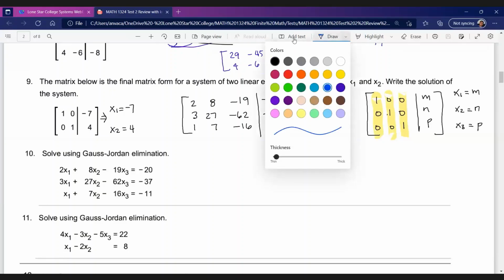We're just going to write out the steps and what we did to arrive at a final answer here, so that way we know that we worked it out by hand.